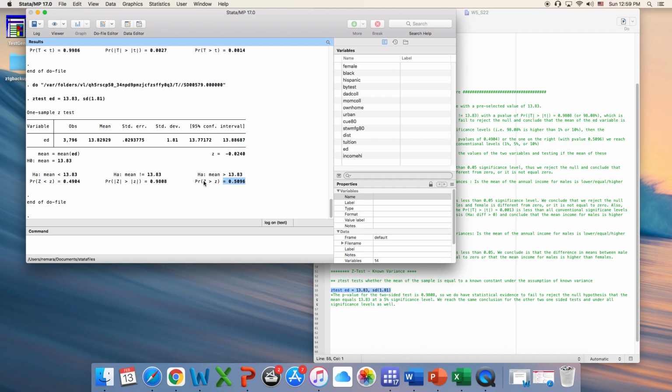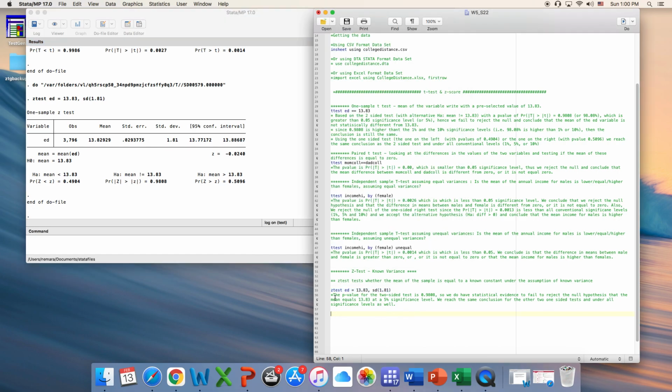So there is no way that we will reject the null. Probabilities are so high, 49%, 98%, 51%, which are all greater than the 3 significance levels. So our conclusion would be that we fail to reject the null that the mean of the variable education is equal to 13.83.